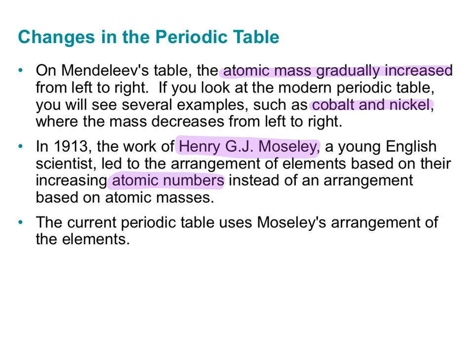It confirmed Mendeleev's switching of tellurium and iodine to what it has become today. All right, currently, we use Moseley's arrangement of the elements. We do it by atomic numbers. And if you want to take a look at the periodic table, it's on pages 500 and 501 of your digital textbook.